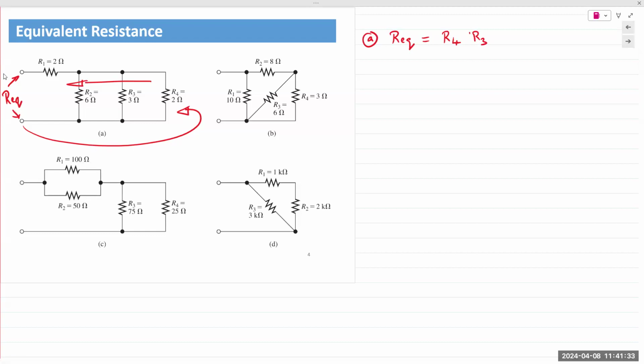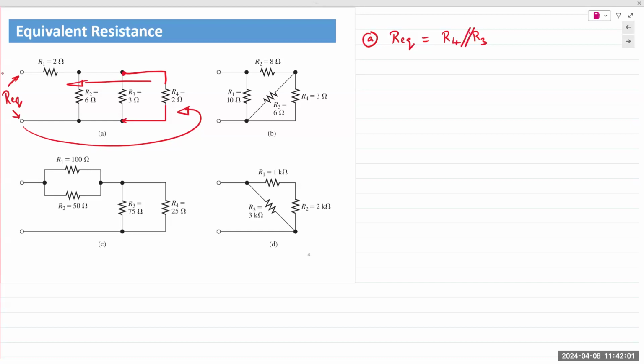I look at the two terminals of R4 and I see that one terminal goes to one end of R3. I look at the other end of R4 and I see it's connected to the other terminal of R3. So are they holding hands or not? Yes. So they are in parallel.